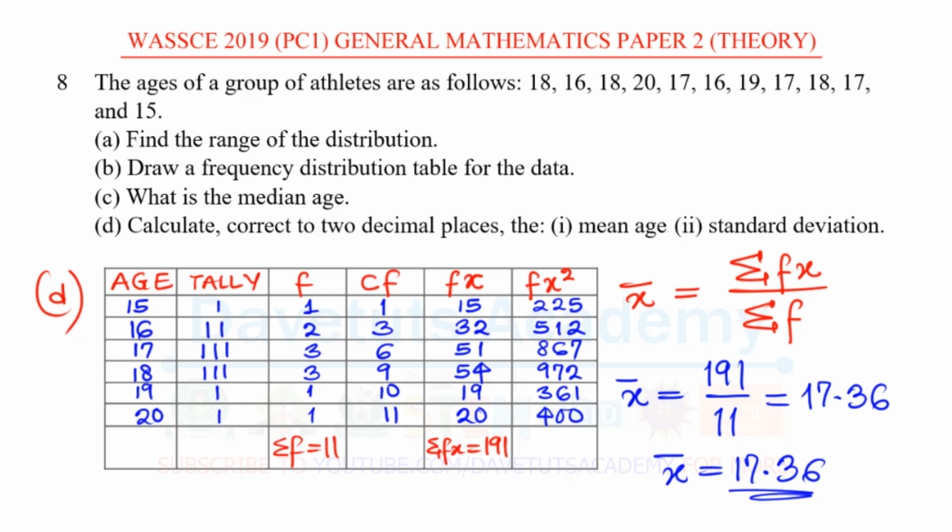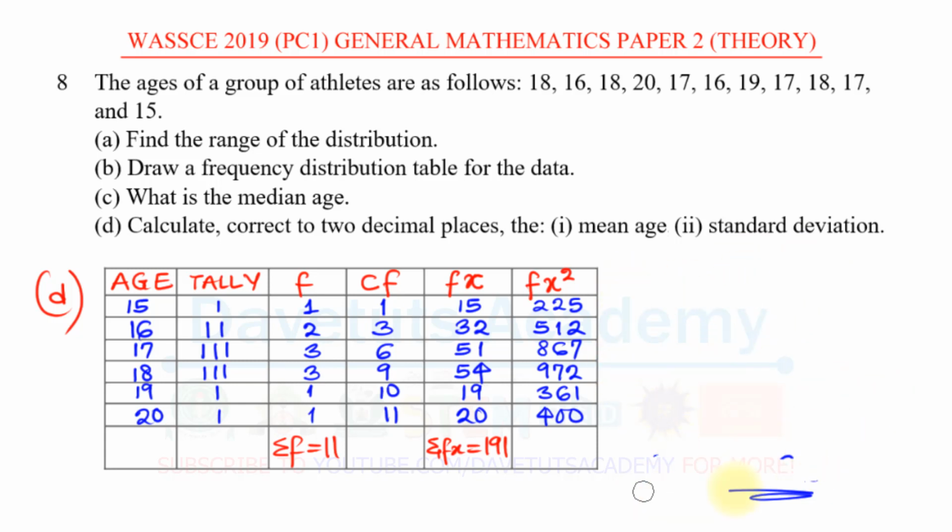Now to find the standard deviation, I will just erase the answer to the mean age, and there is a formula that we are going to employ. Looking at fx squared, that is the product of the square of the data multiplied by the frequency, we can see that we have all of this, but we need to also find the sum, sigma fx squared, and that's going to give us what?